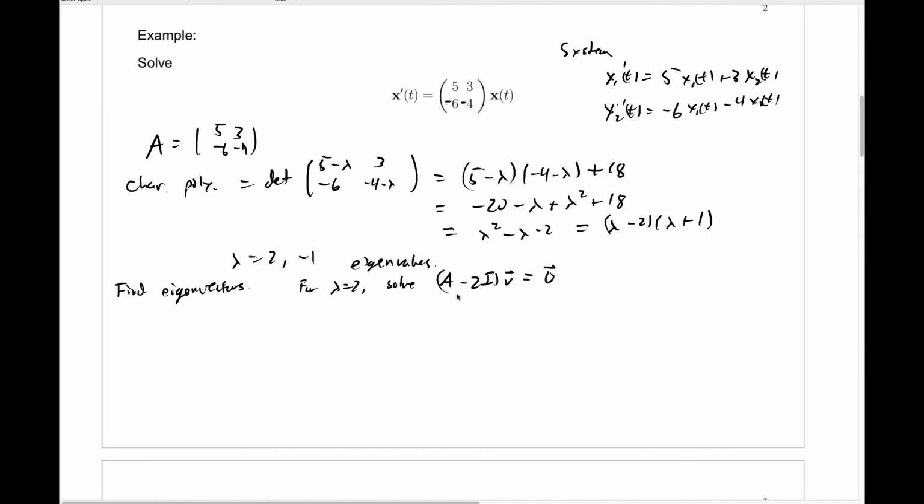And how do we do that? Well, A minus 2I has the matrix 3, 3, minus 6, minus 6. So in order to solve this equation, I can look at the augmented matrix.